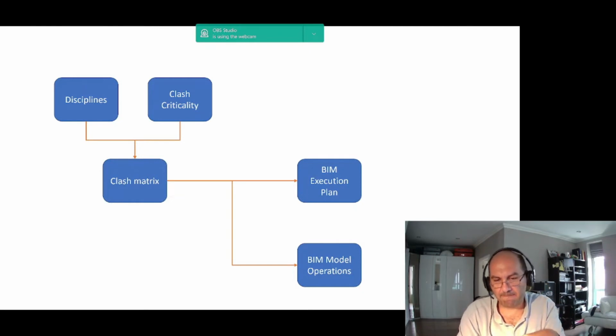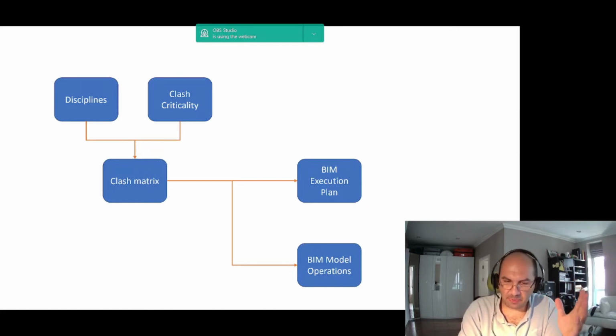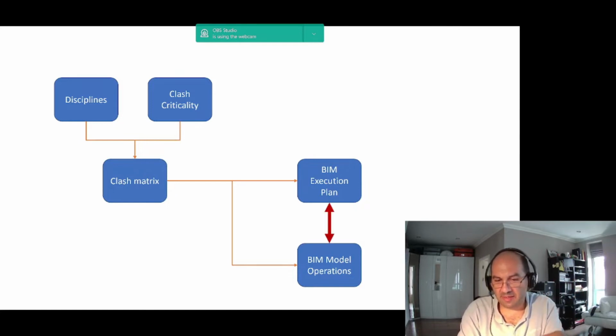This way you can reconcile speaking with upstream and downstream. And obviously all of this needs to be consistent. So if what you write in your BIM execution plan is not reflected in the instructions you are sending to your supply chain, you will lose your time and effort for nothing.